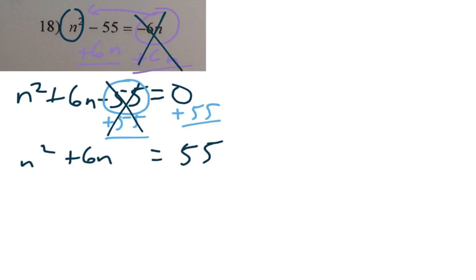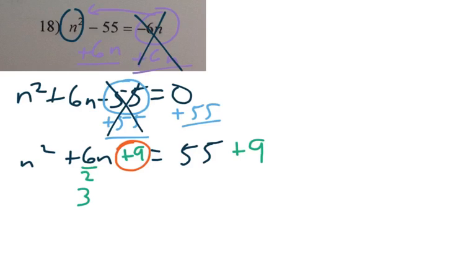And the goal now is, what number can I put right in there to make the left side become a perfect square, right? Well, can't I just simply take 6 divided by 2, which of course is 3, and 3 squared is 9. So I'm going to add 9 here, add 9 here.